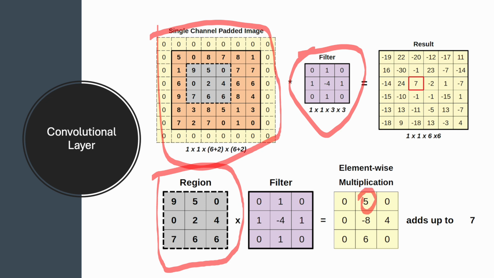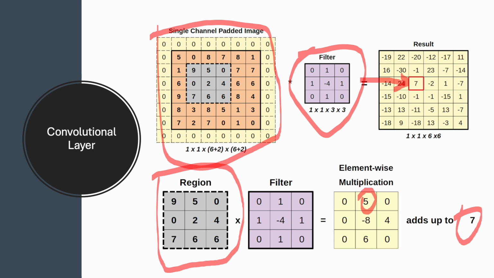Something like that. So it is an element-wise multiplication. After that, it adds up the whole thing, and it gets 7, which you see here. So it puts 7 in the result matrix.